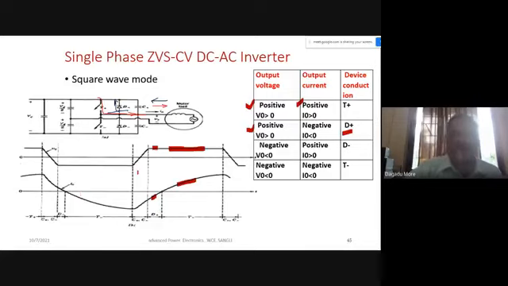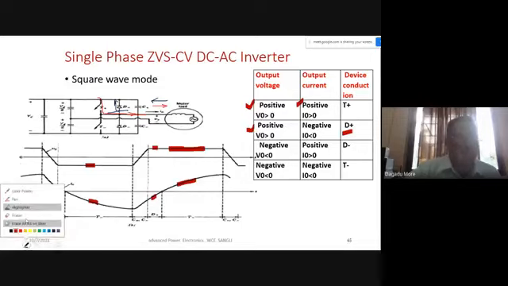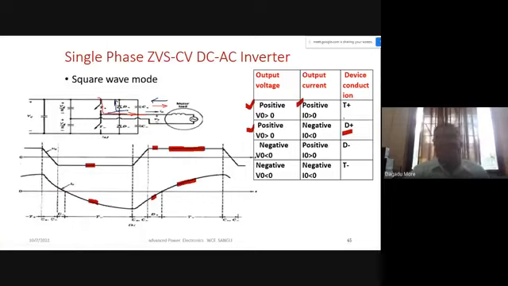Now let us consider again steady state, voltage is negative and current is negative. Let us take the case where negative current is blue. Our interest is current is negative and voltage is negative, both things are negative.